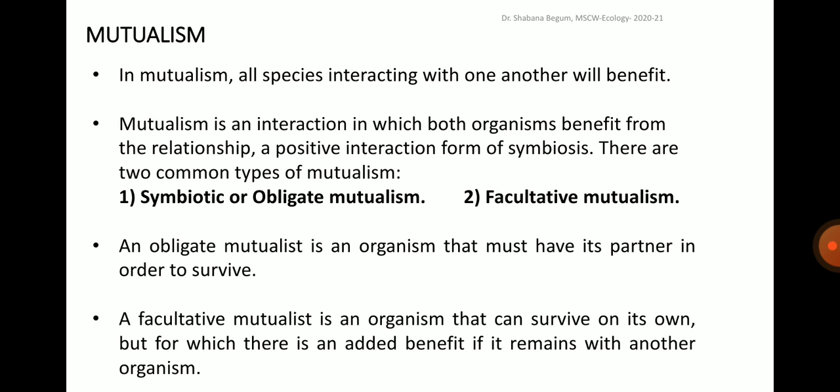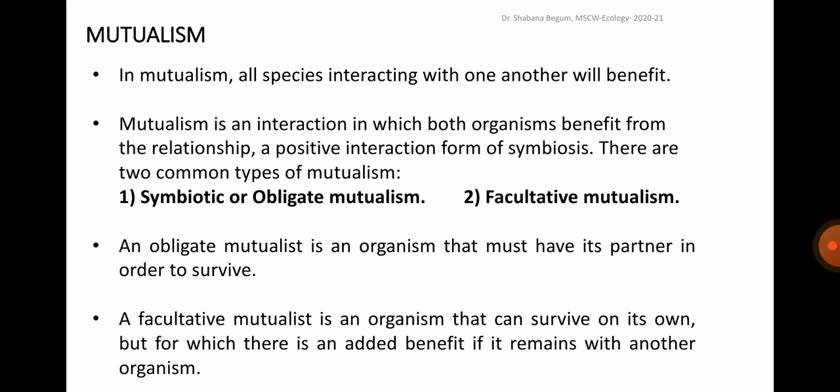Once again, you can say in mutualism, all species interacting with one another will get benefit. Mutualism is an interaction in which both organisms benefit from the relationship. There are two common types of mutualism, symbiotic or obligate mutualism, the second being facultative mutualism.